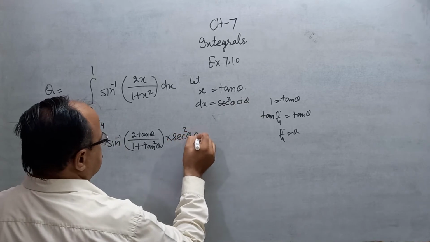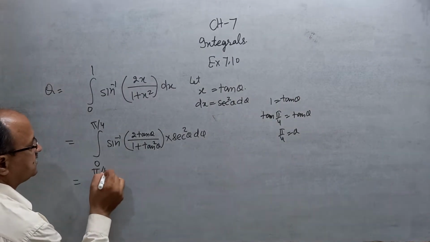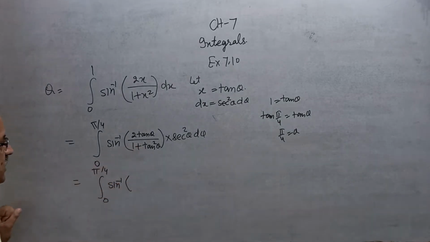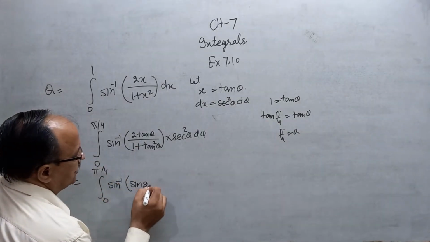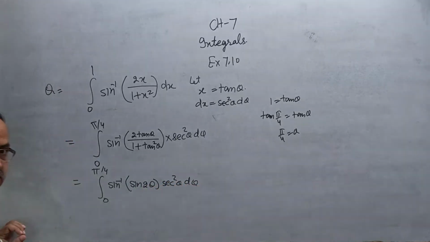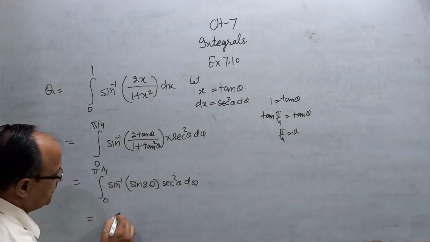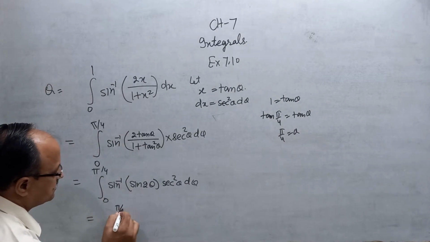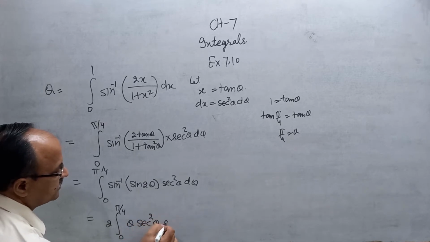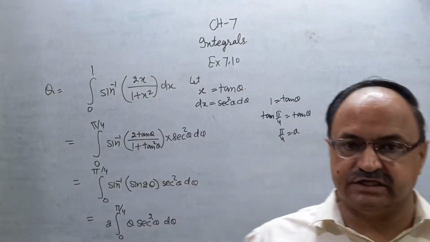That is sin inverse of sin 2 theta into sec square theta d theta. Sin inverse of sin x is x, so it becomes 0 to pi by 4 of 2 theta into sec square theta d theta. Correct?